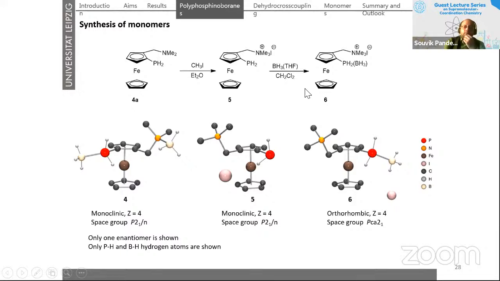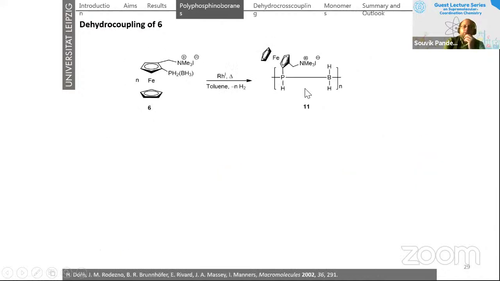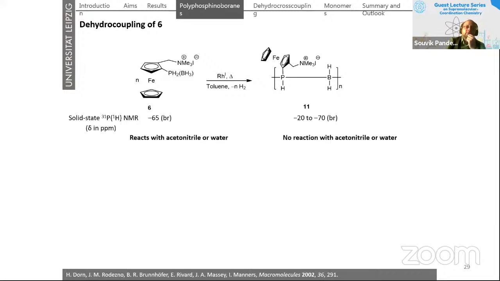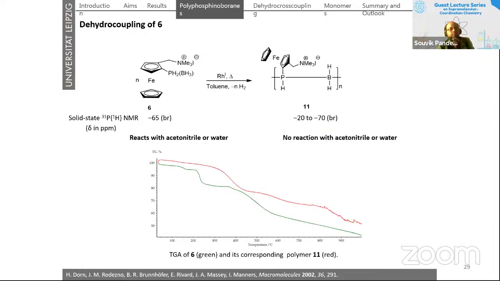I just heated this compound in the presence of a rhodium catalyst, and I got this kind of polymer out of it. As it is not soluble, I am not able to do the NMR in the liquid state. So I did the solid state NMR, and I showed proof that it has been polymerized eventually. There are a lot of other proofs.